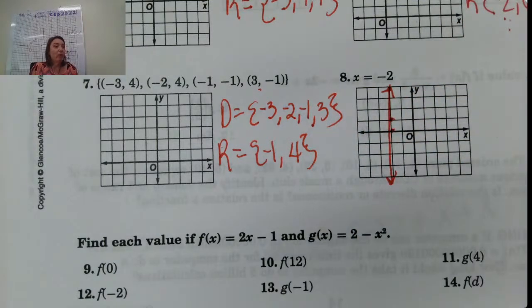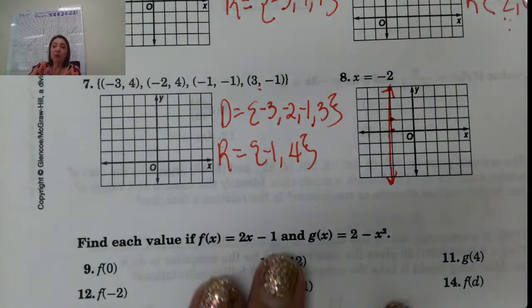Okay, remember, when you're listing domain and range, you don't have to say every time it happens. You're just telling what the possible ones are, right? So we're not going to list -1 multiple times. We're just going to put -1 down one time. We're not going to list 4 multiple times. We're just going to put 4 down one time.